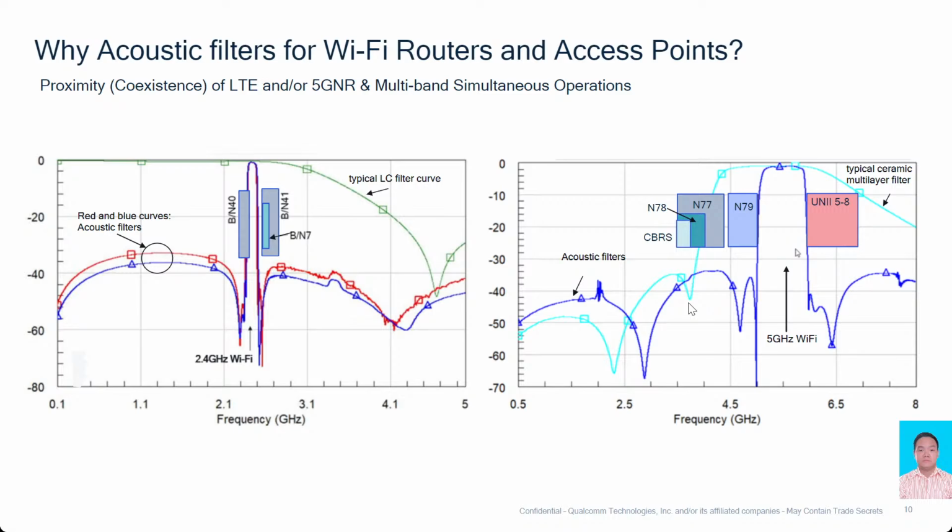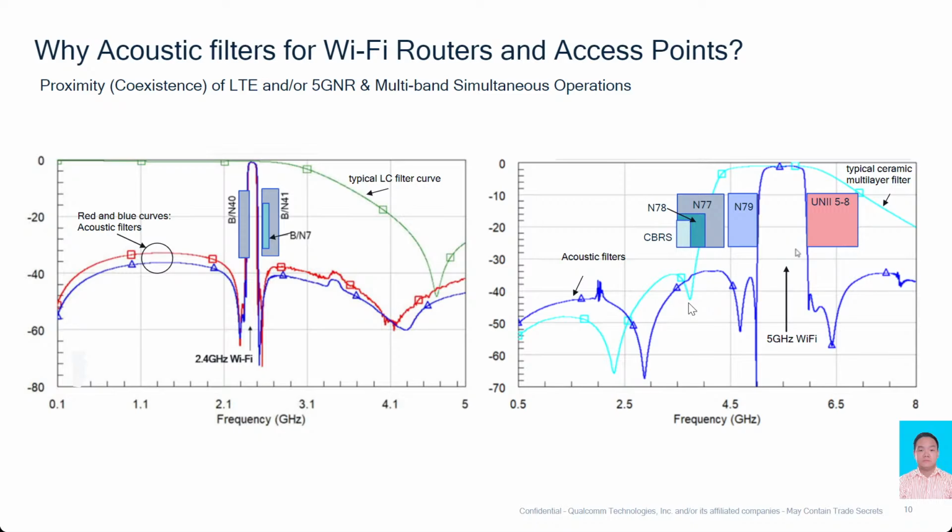So on the left side, in the box to the left, we're showing, let's say, the traffic at 2.4 gigahertz. Band 40, band 41, band 7 have been around for as long as LTE has been around. And now with 5G, the reuse of those bands, let's call it N7 and 41 and 40, are still there, and actually a bit more demanding in terms of emissions.